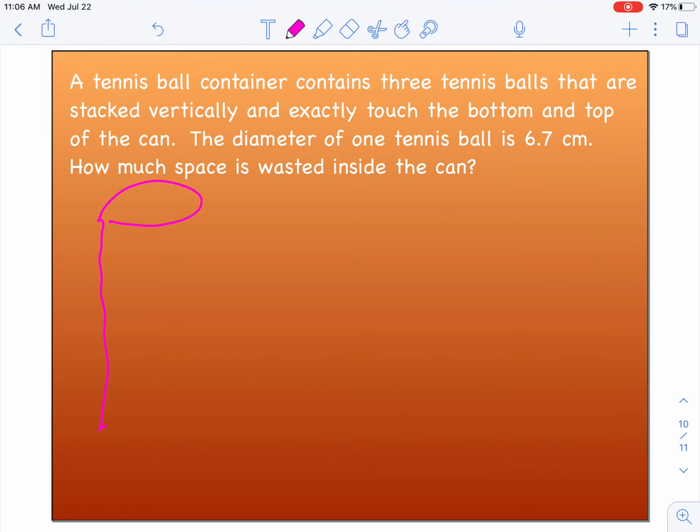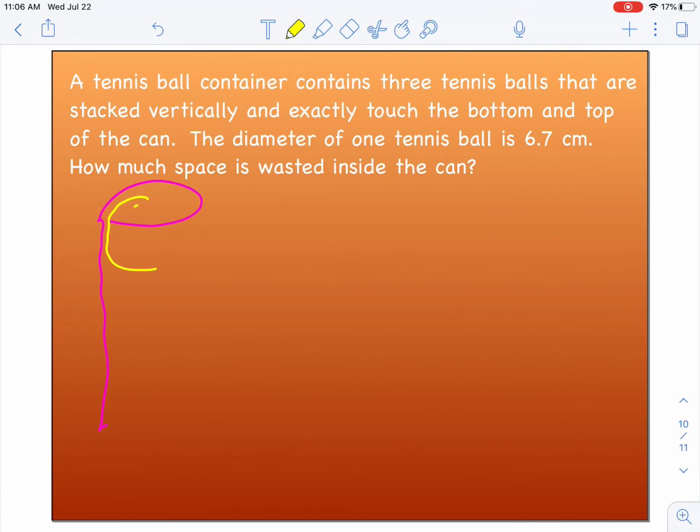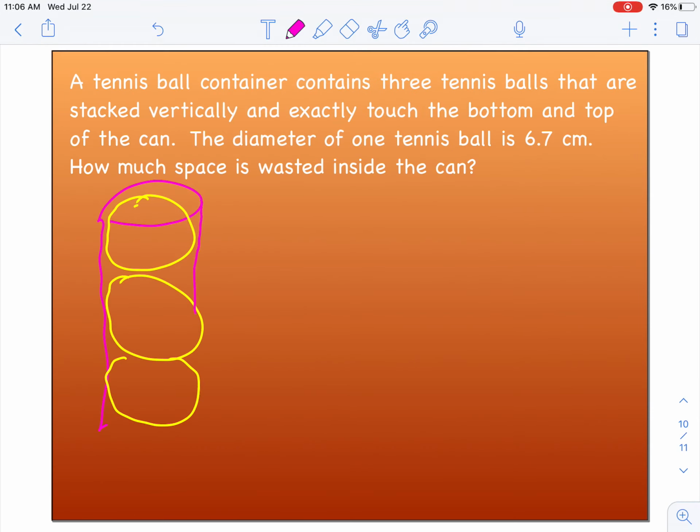So visually, what you have here is a can, and inside you have 3 tennis balls. And it's touching exactly at the top and the bottom.